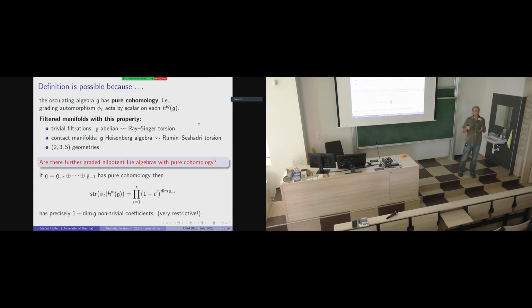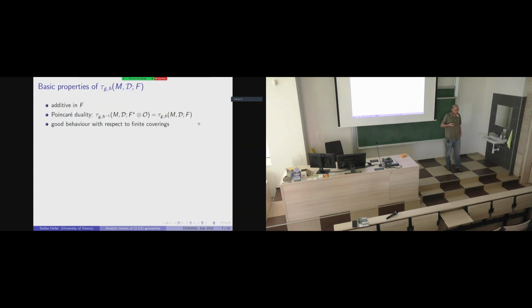Consider contact filtration concentrated in degrees 2 and 4, 3 and 6. That works, but I could not find anything else. So this is yet another very peculiar phenomenon about the 2, 3, 5 geometries.